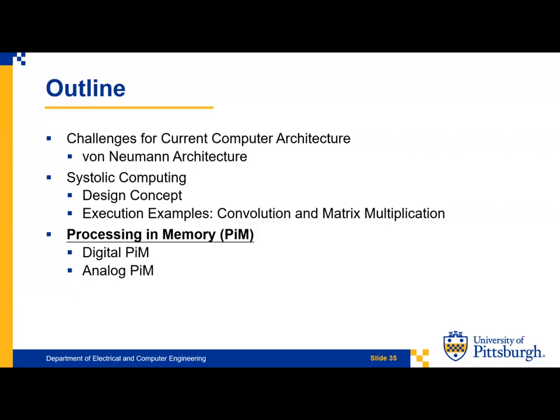Okay. In the previous class, we introduced the systolic array, right? And in this class, I will introduce the processing in memory, the PIM, and there are two types of implementation for processing in memory, the digital PIM and the analog PIM.